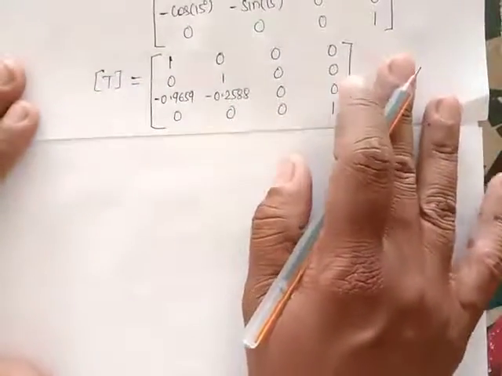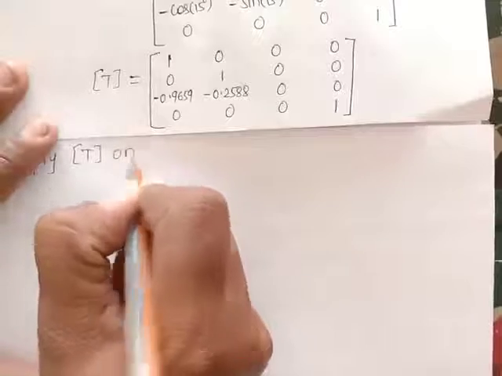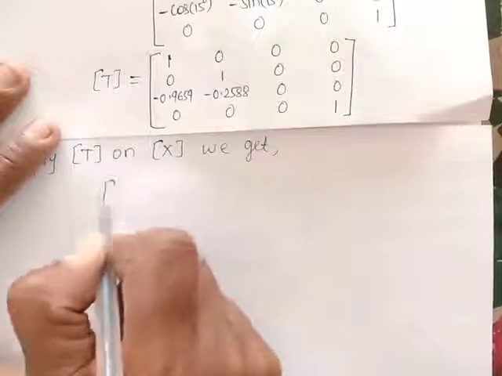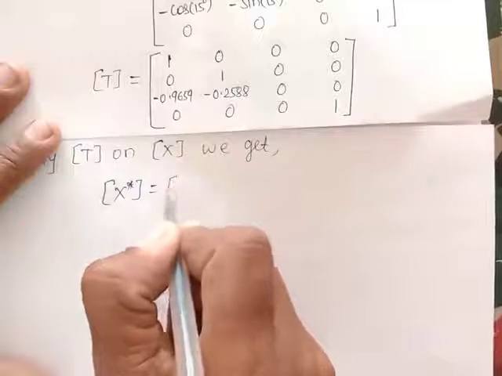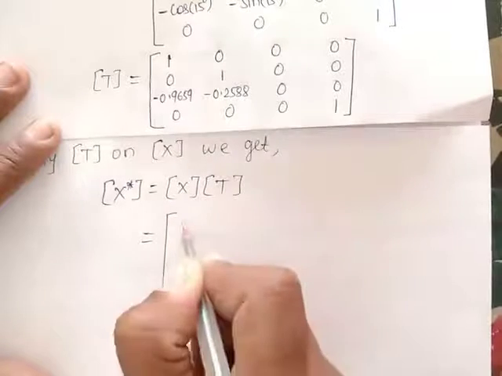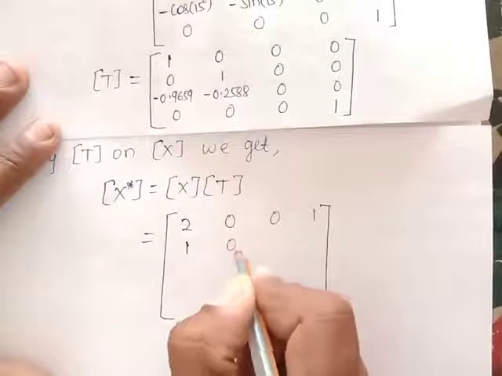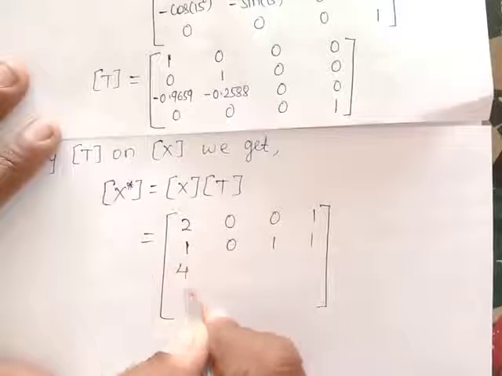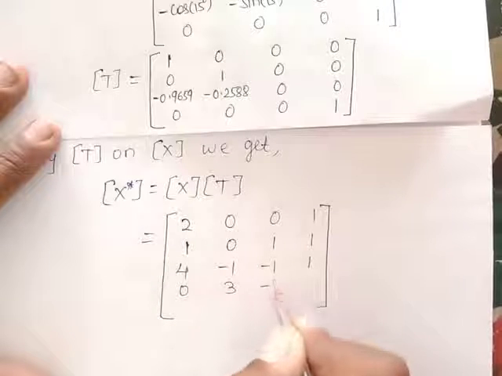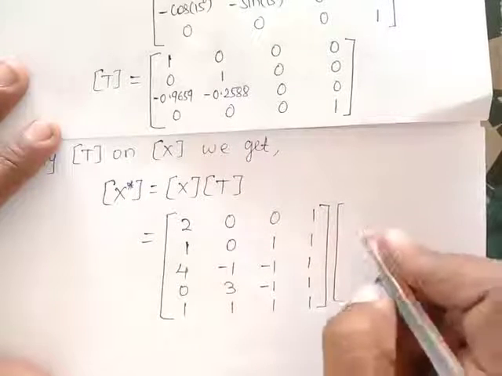So now apply T on X. We get X star, that will be X into T. That X is 2, 0, 0, 1; 1, 0, 1, 1; 4, minus 1, minus 1, 1; 0, 3, minus 1, 1; 1, 1, 1, 1, into T. What is T?